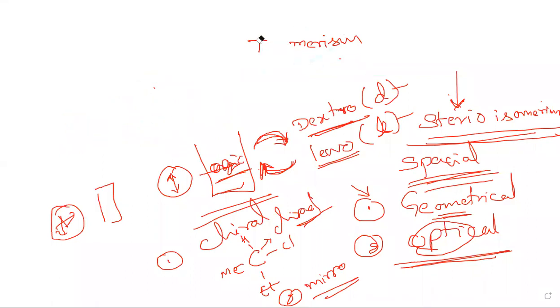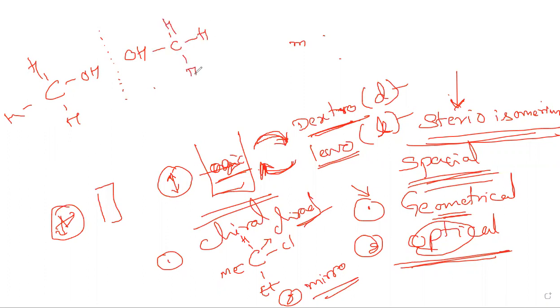We know the mirror image of a compound. For example, consider a simple compound like CH3OH, with OH, H, H, and H. This is a mirror image of it, where OH is on the right side and on the left side, carbon, hydrogen, hydrogen, hydrogen.